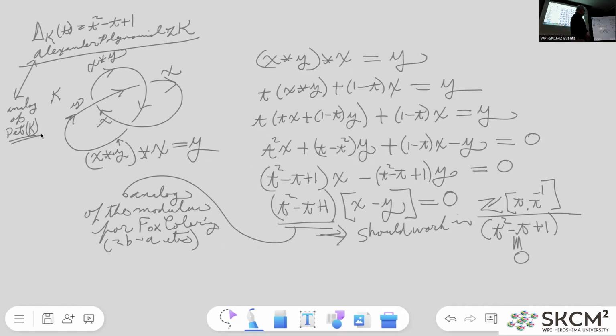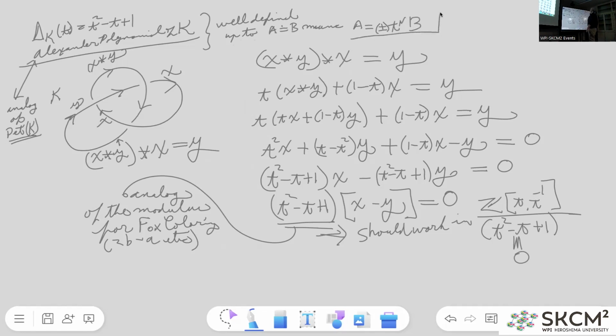So what we're saying is that we can label the knot, we can color it, but we're coloring it from elements of the module, and we can color it consistently from elements in the module if we work over the ring Z mod the polynomial, and the polynomial ends up being well defined up to A equals dot B, which means A equals plus or minus T to the n B for some integer.